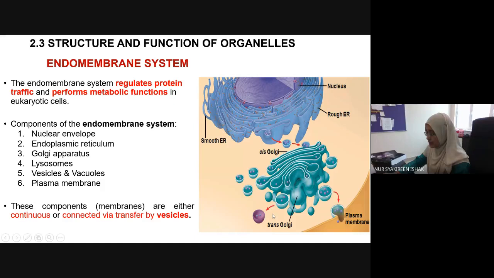So here, daripada Golgi dia akan jadi, for example, lysosome. So the lysosome also has membrane that originates basically from the membrane of the rough ER. Basically we refer to the rough ER as the membrane factory sebab semua membrane ni asal dia daripada membrane of the rough ER.